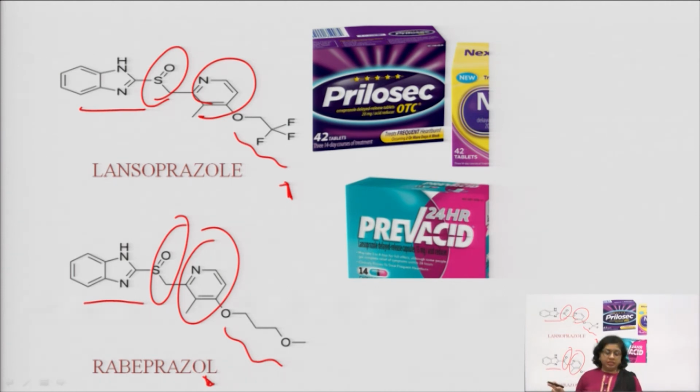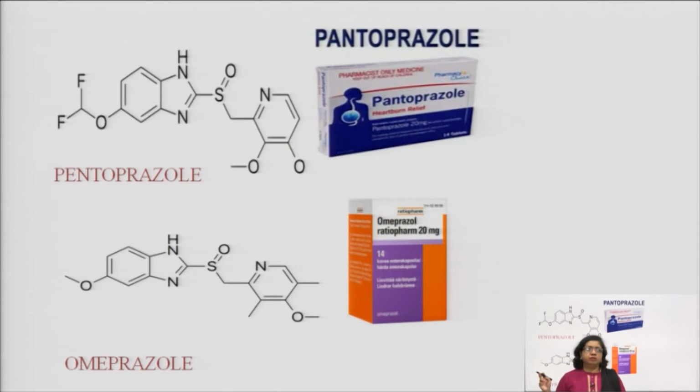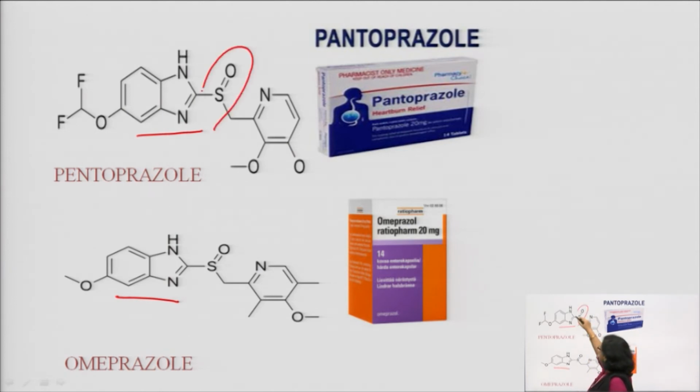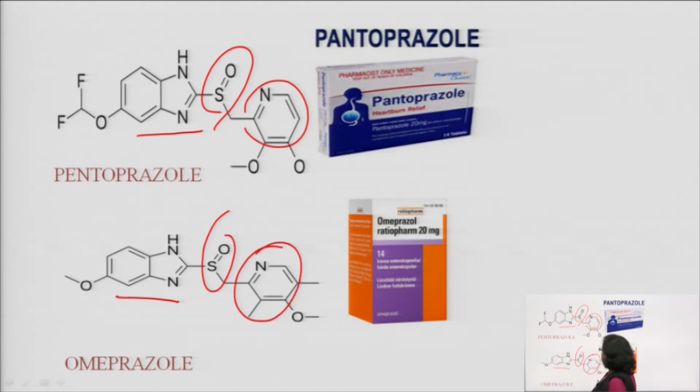Now, we move to the next structure, that is pantoprazole and omeprazole. If you compare these structures, here also benzimidazole is common, and compared with the previous, these two are also common. This sulfinyl group is also common and this pyridine group is also common. Only the difference is R2, R3 and R4.